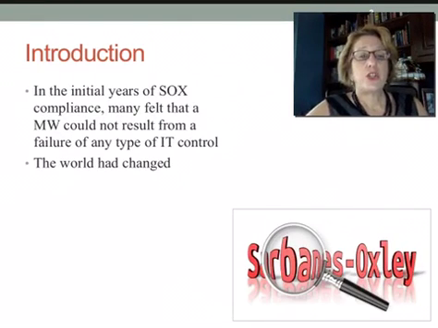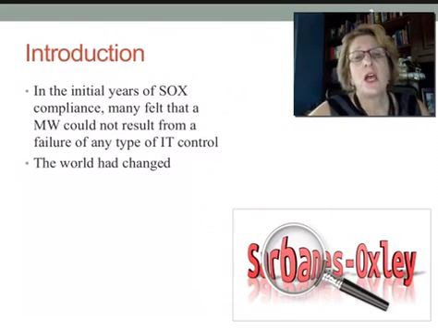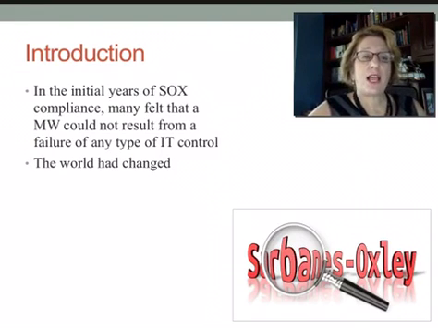You know, in the initial years of Sarbanes-Oxley compliance, I remember a lot of people having some difficulty in deciding, okay, how far do we take the testing and the evaluation for general controls and application controls? And many companies had very legacy type financial reporting systems that had been put in years ago, and we were wondering whether we were going to have to dig up the documentation on those types of systems or what exactly we were going to have to look at.